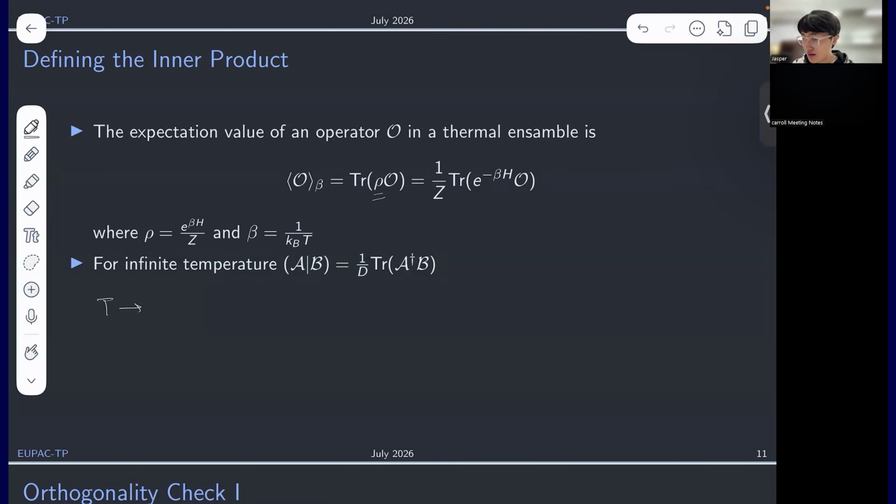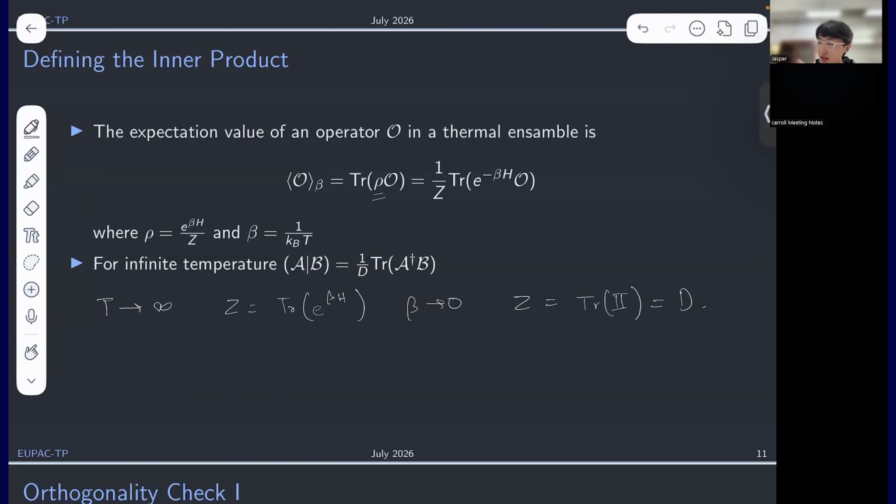For very large temperature, beta goes to 0, so Z just reduces to the trace of identity, which is just the dimension of the Hilbert space.